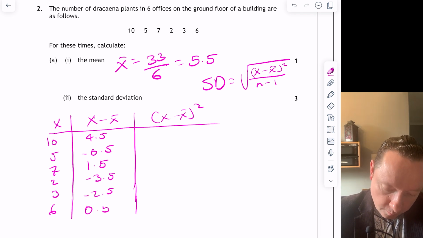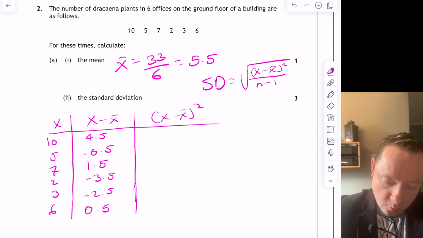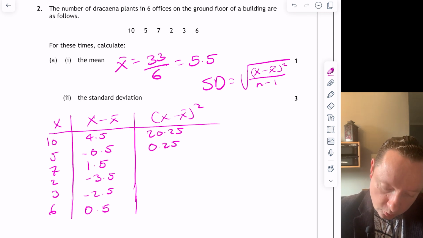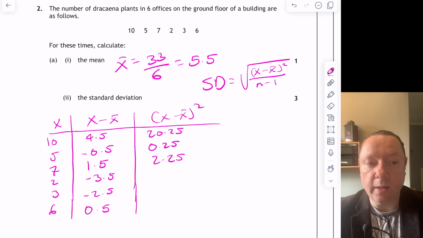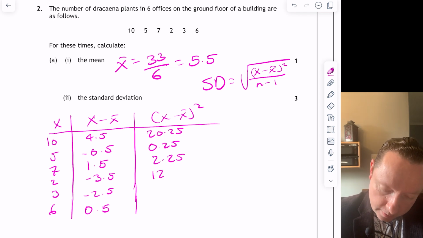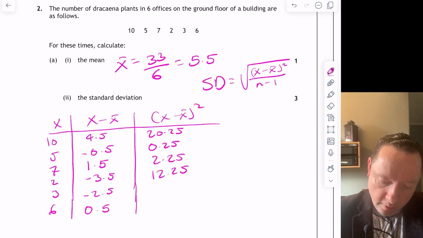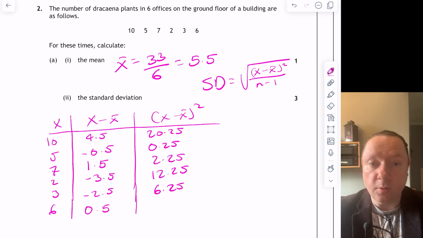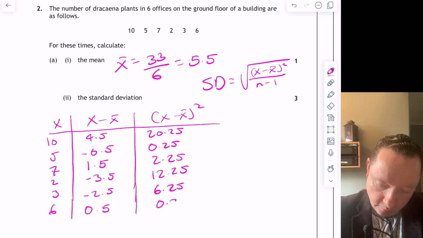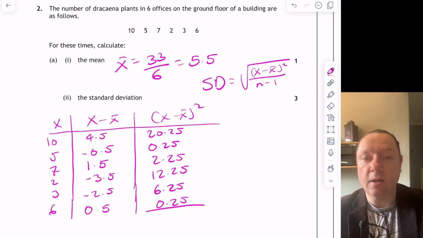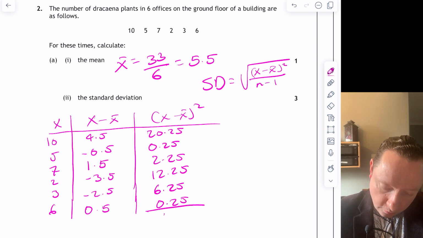Then you square them. A minus times a minus is a plus, so you just square the numbers. 4.5 squared gives you 20.25, 0.5 squared is 0.25, 1.5 squared is 2.25, 3.5 squared is 12.25, 2.5 squared is 6.25, and 0.5 squared is 0.25. Add them all up using a calculator and you get 41.5.